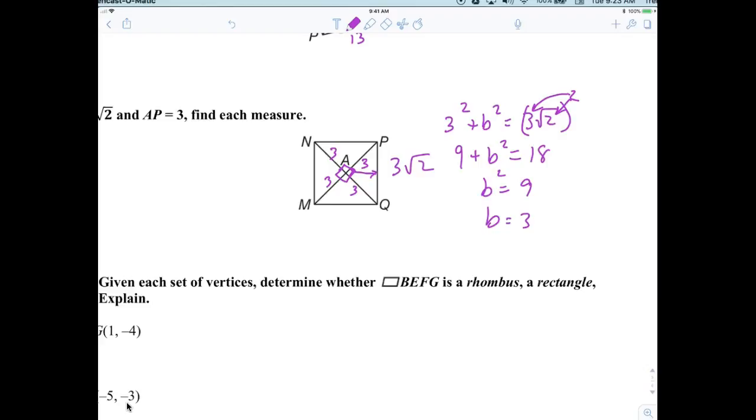Why is it half? Because it's a rhombus, and the diagonals of a rhombus bisect. And we just said it. So, do you agree that it's a square? Sure. It's a square. So, if I draw the diagonal, it would bisect 90 degrees. And half of 90 is 45. Of what? Tell me, what angle?